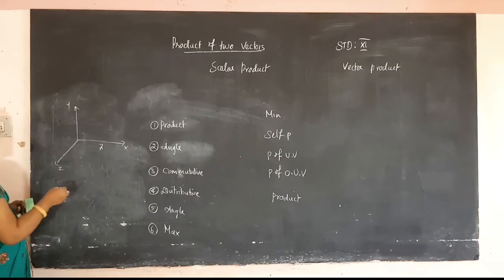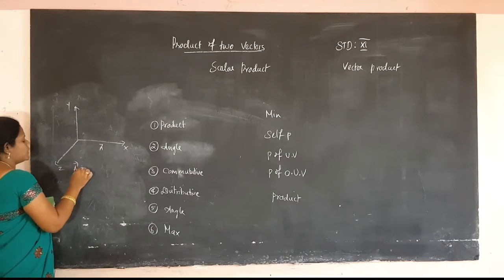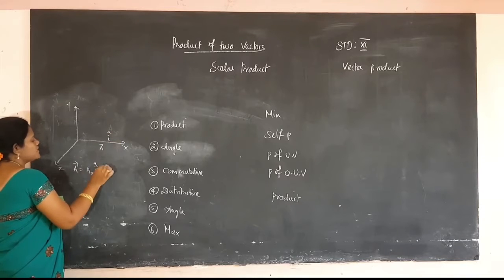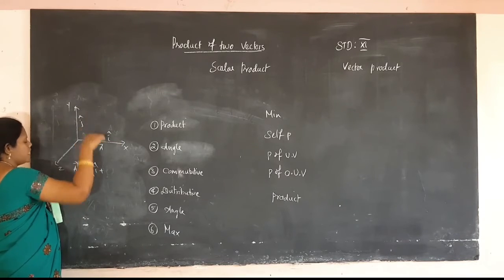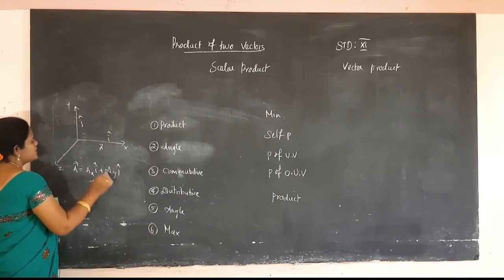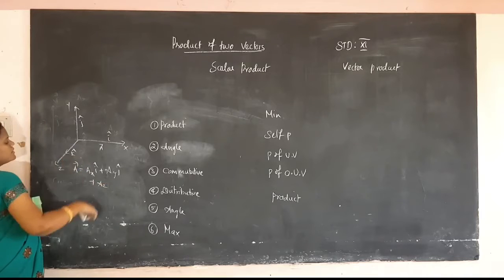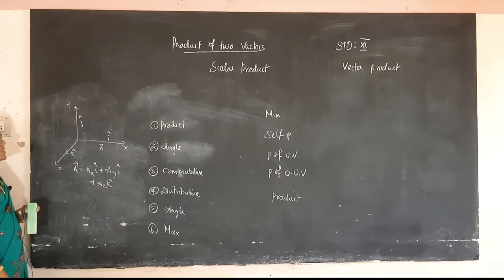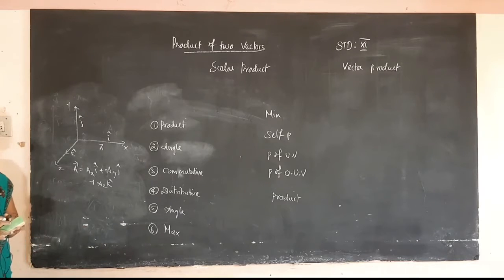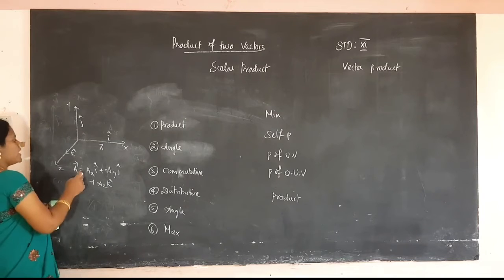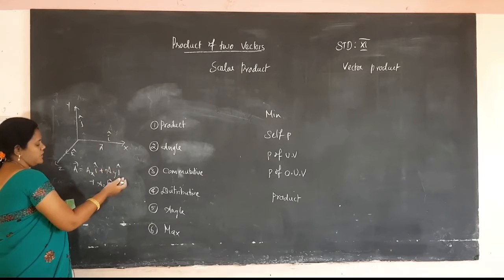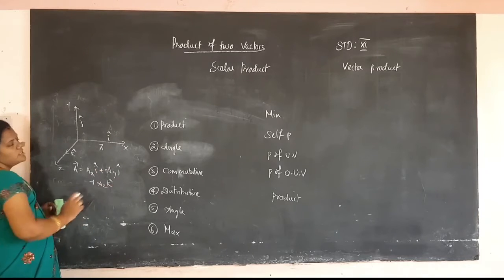We say that with components, vector A is equal to Ax, the unit vector is i, plus Ay, the unit vector is j cap, then Az, the unit vector is k cap. Okay? So Az k cap. This is how one vector is expressed in the form of components. So Ax is the x component of A into its unit vector, the y component of A into its unit vector, and the z component of A into its unit vector.